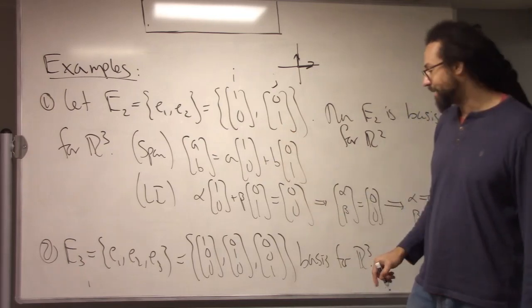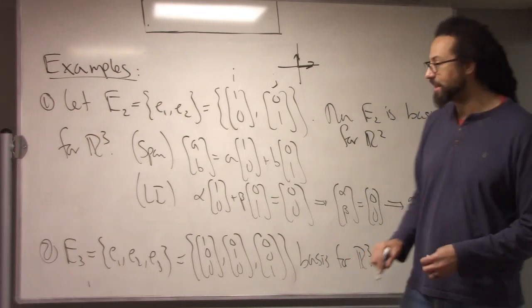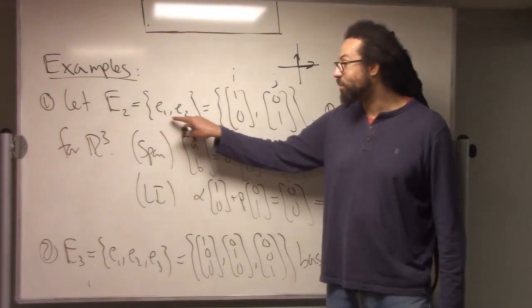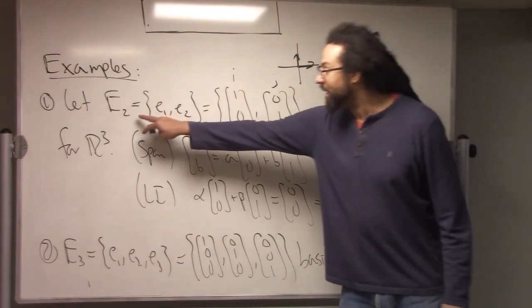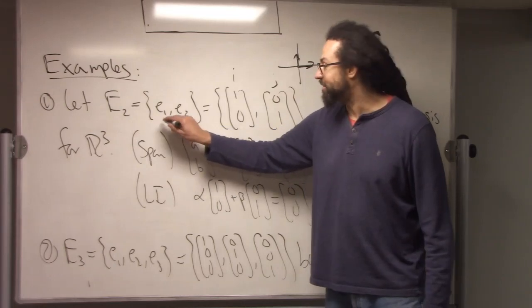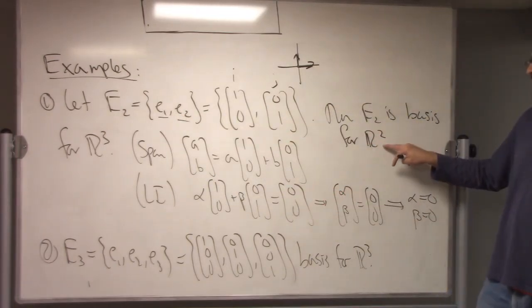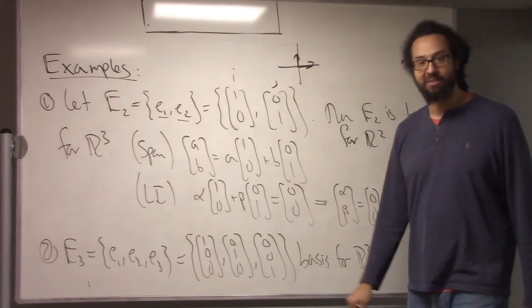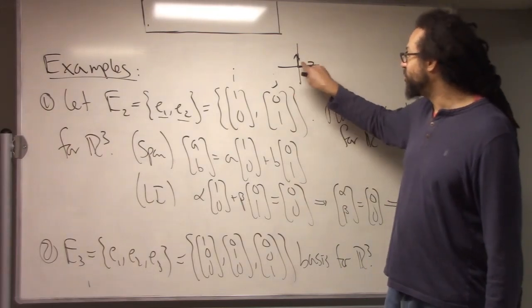And then if you've got 3 dimensions, this thing is i, j, and k, right? You've seen that in calculus, or at least you will. I'm just going to call these things e1, e2, e3, and so on and so forth. So E2, the set of vectors consisting of these two vectors, is a basis for R2, right? These two vectors point in fundamentally different directions, and you can get to any point in the plane using these two things.